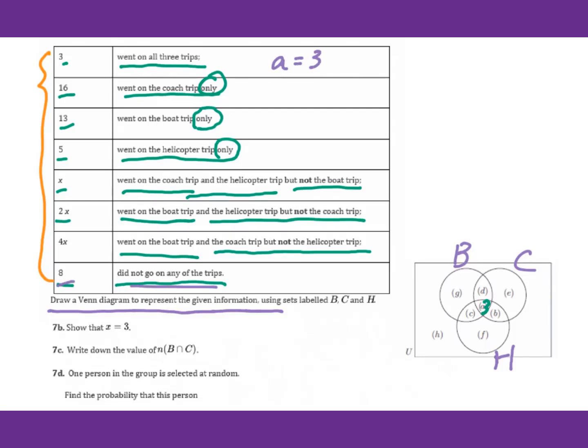Eight didn't go on any of these trips, so H equals 8. 16 went on the coach trip only, which means this E equals 16. 13 went on the boat trip only, G equals 13. 5 went on the helicopter trip only, so F equals 5.